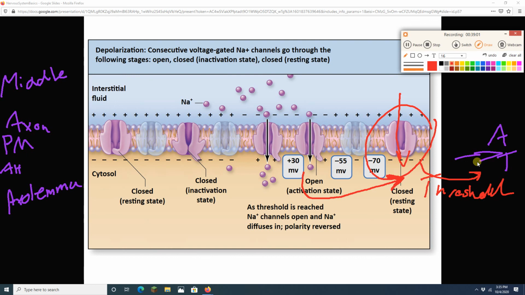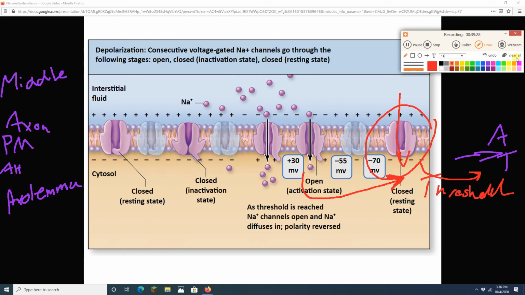Think back, the graded potential, we only open channels at the beginning, right? And that's why it got smaller with distance. This is why when an action potential starts, it goes all the way to the end. When we depolarize one patch of membrane, it's going to depolarize the next and open channels there. And then we're going to depolarize the next and open channels there. And so on.